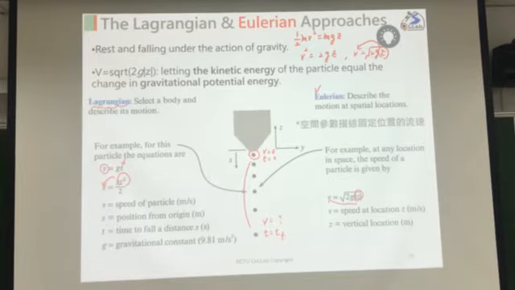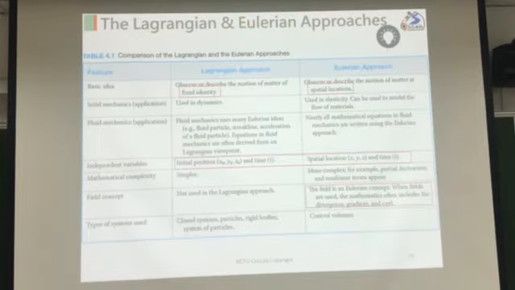Okay, and if you have some confusion, the table just summarizes and makes a comparison between the two approaches. So this is for the Lagrange, and this is Eulerian. And then you just take a look at what I highlight with the red line here.